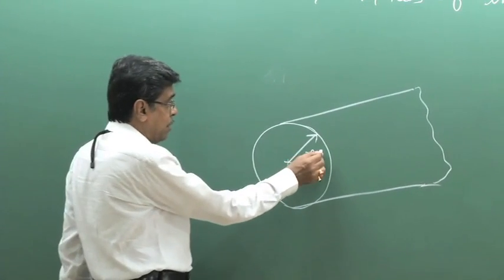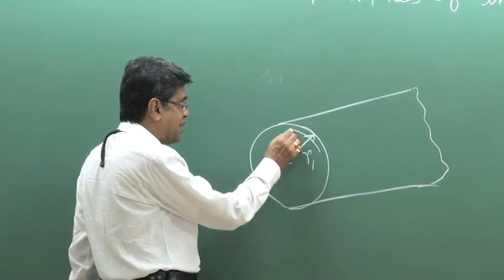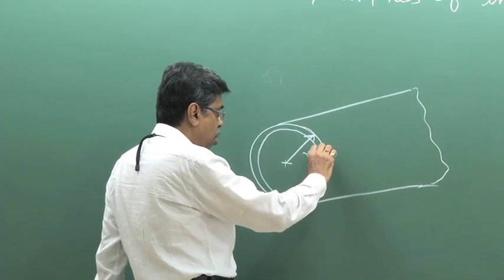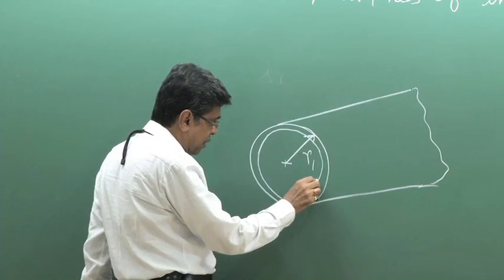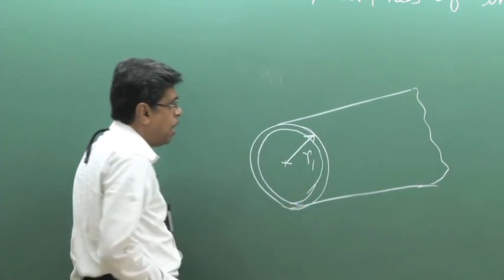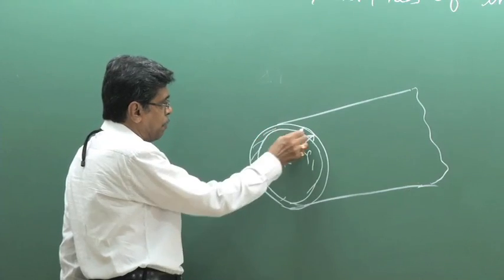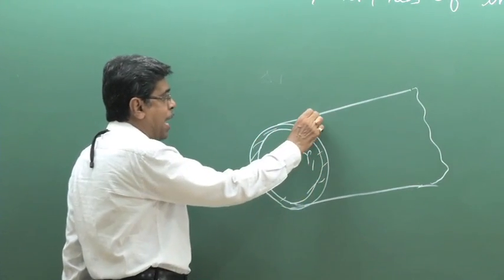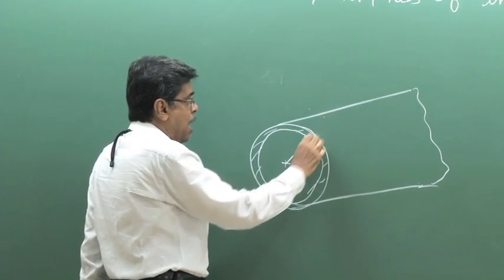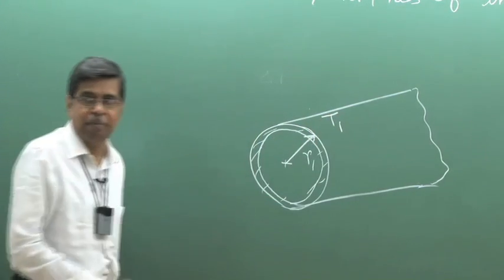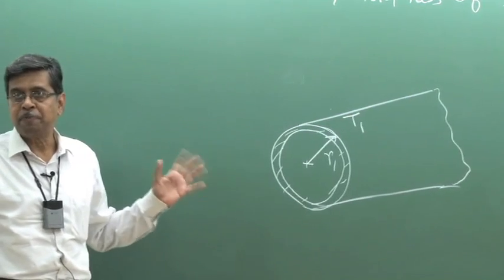The cylinder may have a thickness which may be very small or large, but I am not bothered about this thickness, because the problem is prescribed like this. We have an outer radius R1 at a temperature of T1.